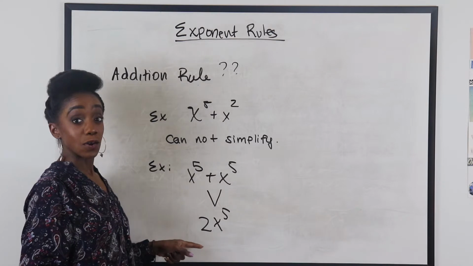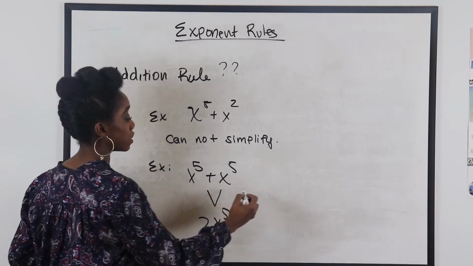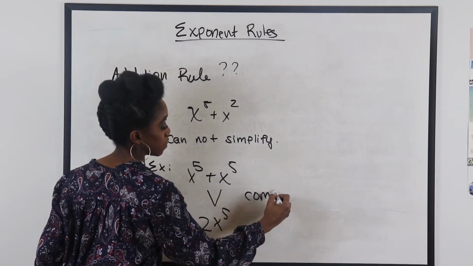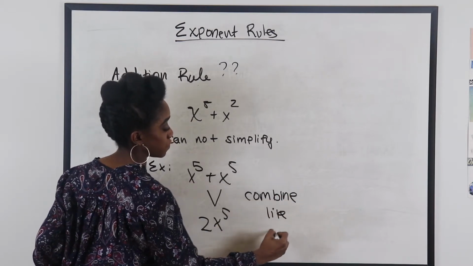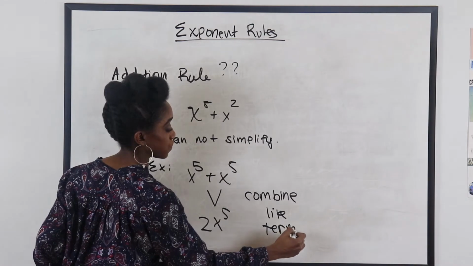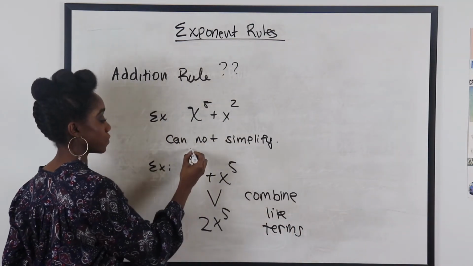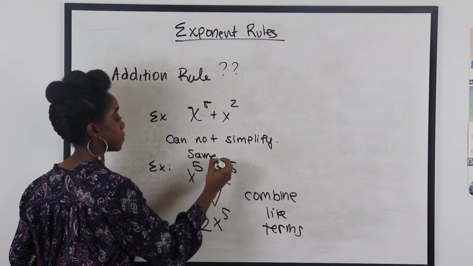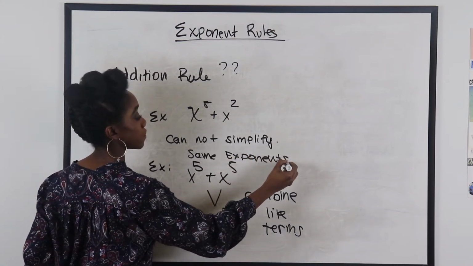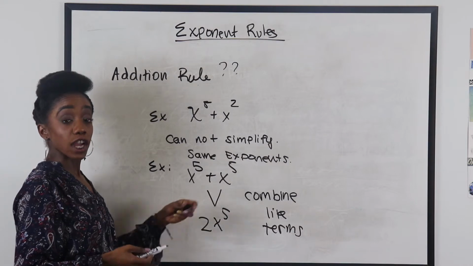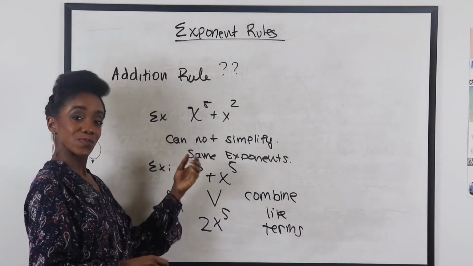This is simply combining like terms. With the same exponents, you're combining your like terms.